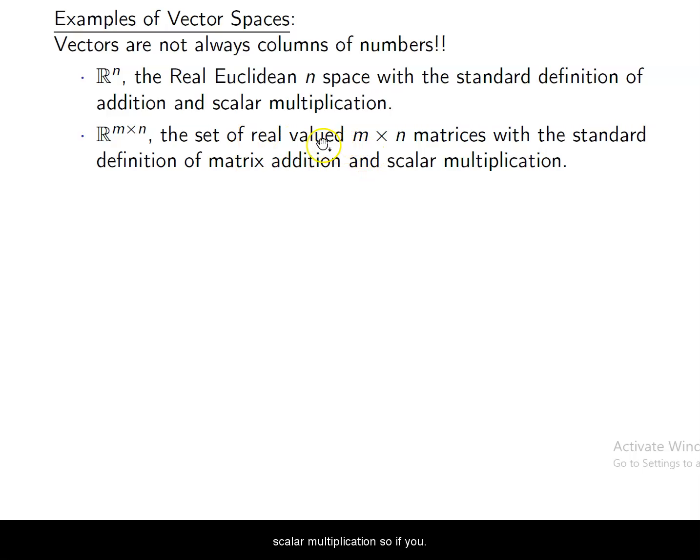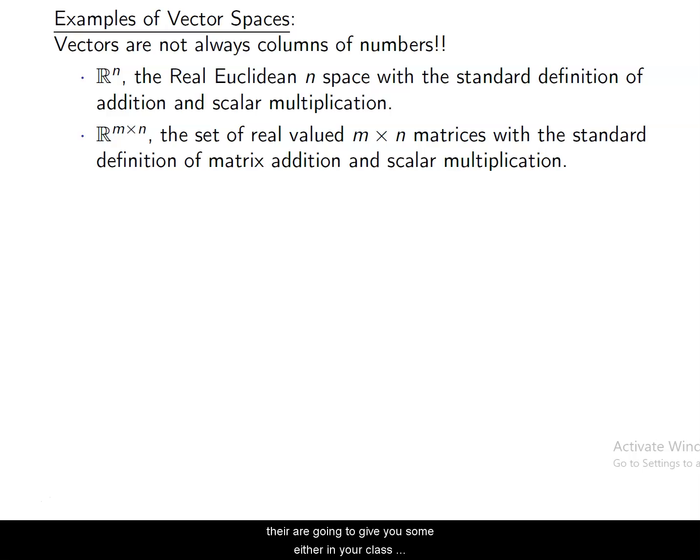So if you've noticed, we were in this last example in R2, right? We had ordered pairs. However, our definition of addition was different, and that's why it was not a vector space. Okay, the properties didn't hold true. Now that doesn't mean that there's other weird definitions of addition or scalar multiplication that do hold.